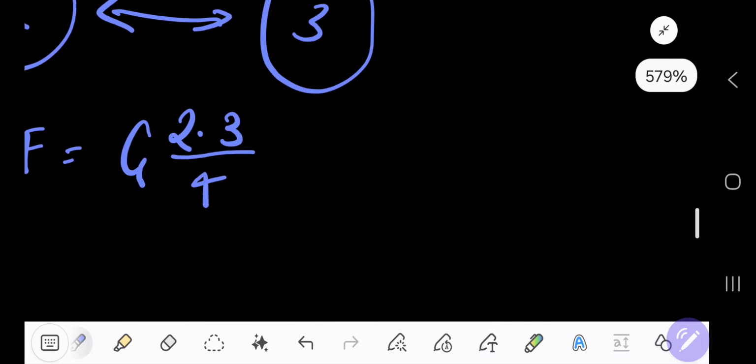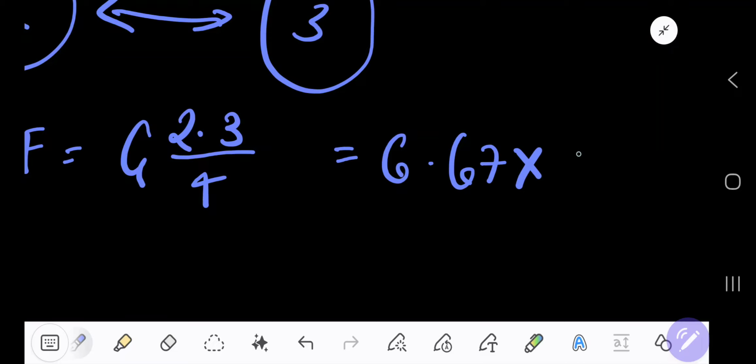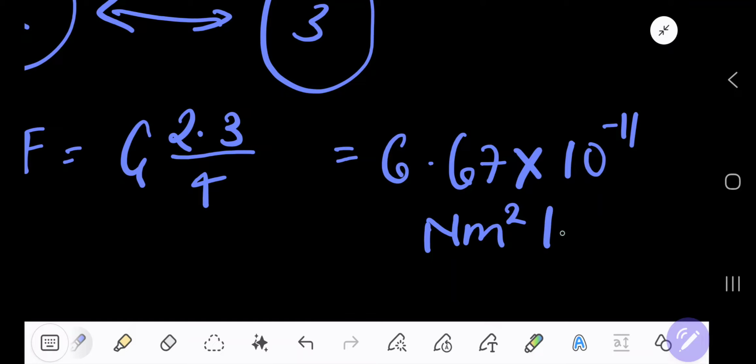To solve this equation, the gravitational constant is valued at 6.67 multiplied by 10 raised to minus 11, and the unit for this is Newton meter square per kilogram square.